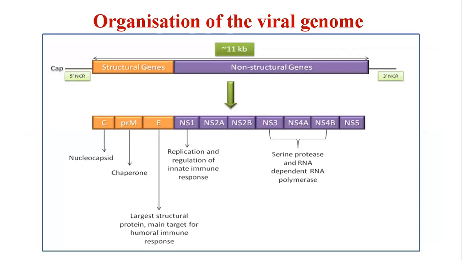Now, about the genome organization, it is a single-stranded positive sense RNA of a total of 11,000 bases. This virus contains 3 structural genes: C encodes the nucleocapsid, prM is a chaperone and gives the M protein, and E is the largest structural protein, the main target for humoral immune responses.